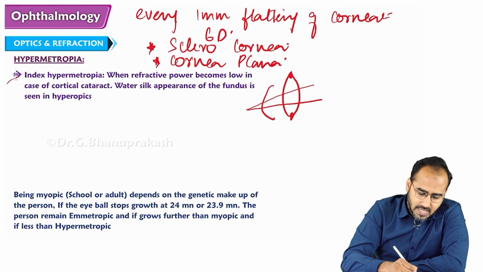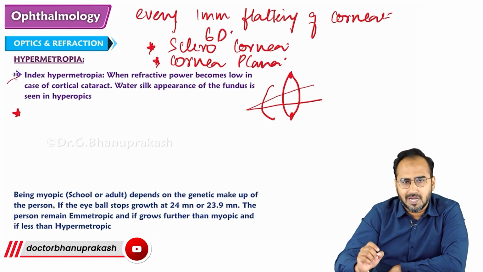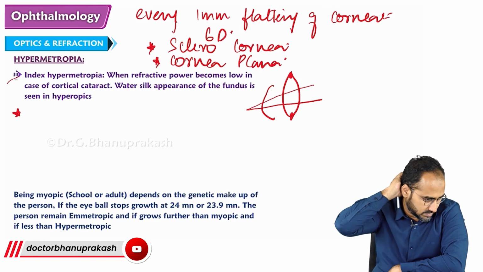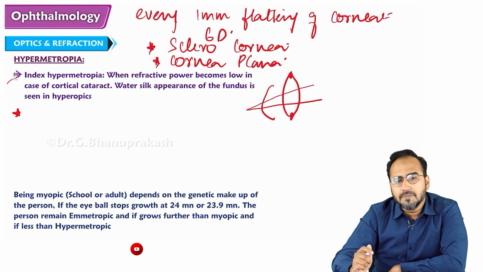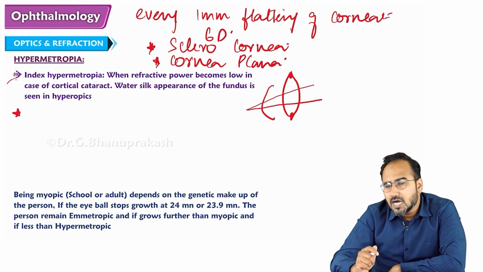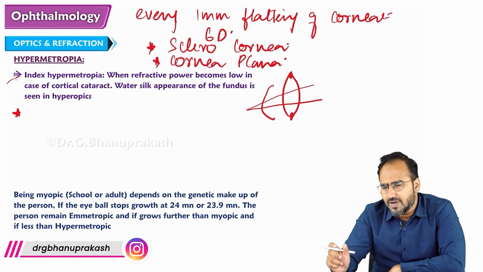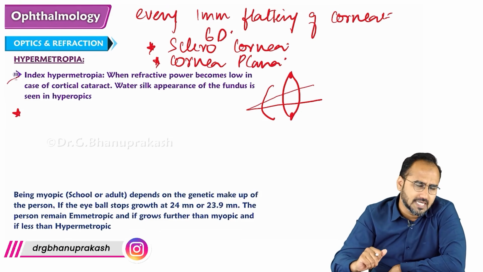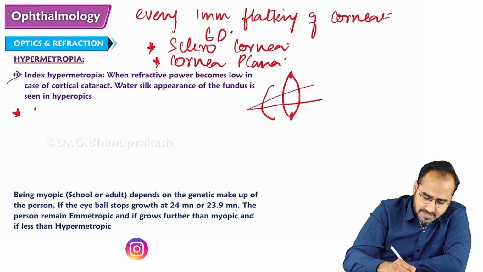Now guys, when the child is born, at birth, what do you see? At birth, how is the axial length? I told you axial length is 16.5 mm. It is a short axial length. At birth, the child will always be hypermetropic. Why will they be hypermetropic at birth? Because they have a short axial length.